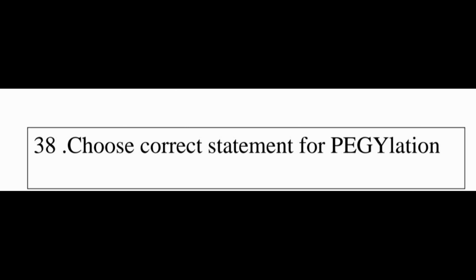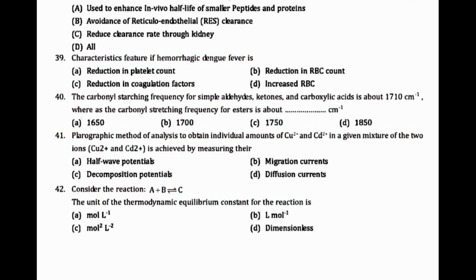Number 38. Choose the correct statement for pegylation. Option A, used to enhance in vivo half-life of smaller peptides and proteins. B, avoidance of reticuloendothelial clearance. C, reduce clearance rate through kidney. D, all. 38th question, correct answer option D, all.